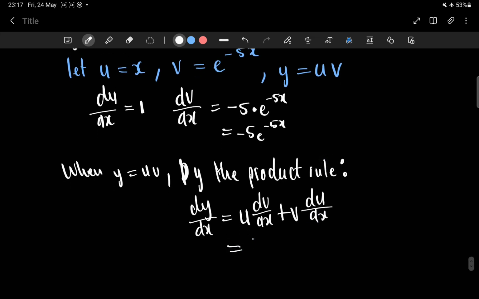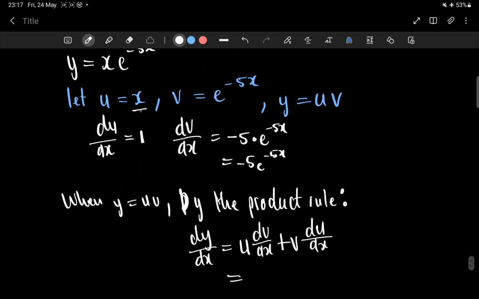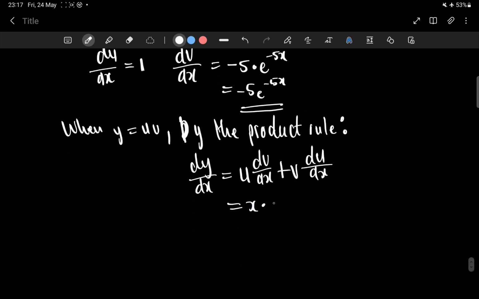So it's going to be, what is my u? I have my u, it is x. So it'll be x times, what is my dv dx? I have dv dx here, it'll be negative 5 e to the minus 5x.